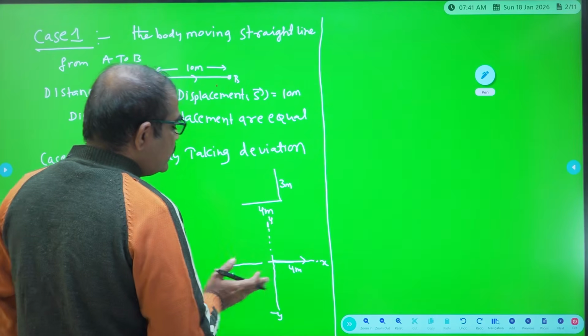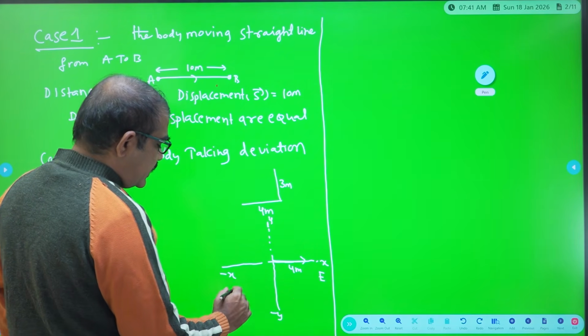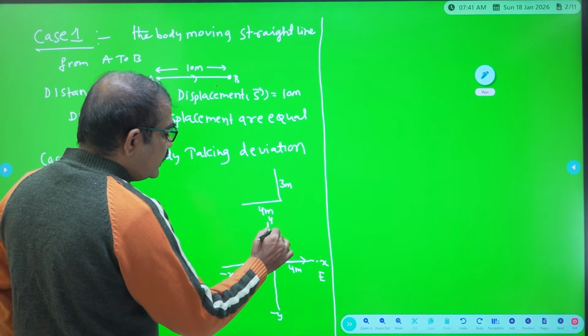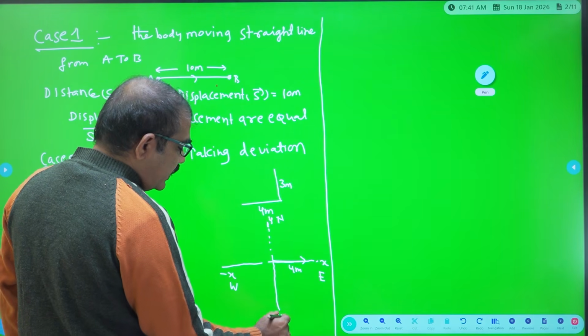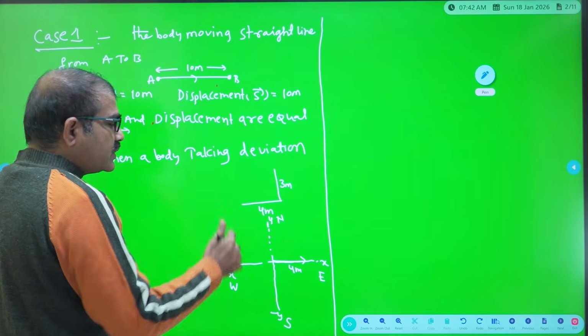What is this direction? This is the east, this is the west, and this is the north, and this is the south. East, west, north, south.